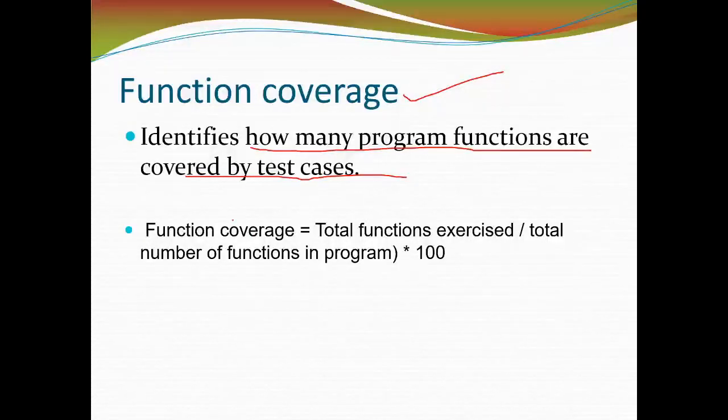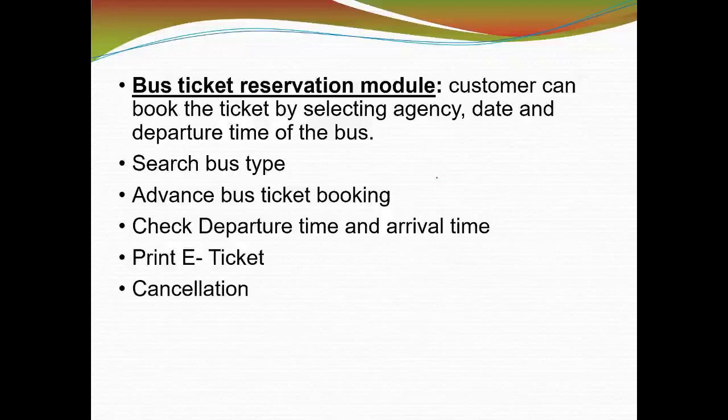Here also function coverage can be calculated using the same formula: total functions exercised divided by total number of functions in the program. Functions are like, suppose in a particular module or sub-module, the total functions available are search bus type, advance bus ticket booking, check departure time and arrival time, print e-ticket or cancellation, or any other functions.